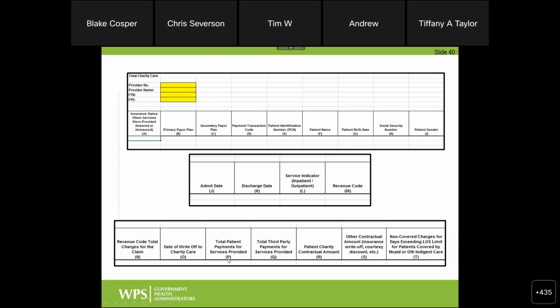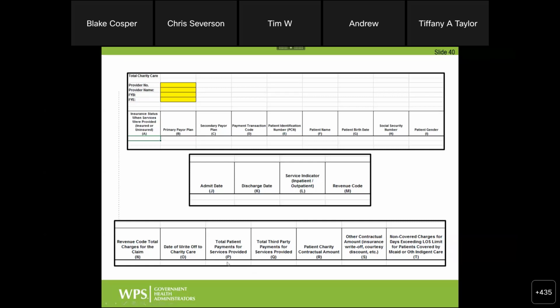So some of it might be total patient payments. Now, by the way, this is the entire patient payment. We're not talking about just the payment against charity care. We're saying if you had a bill of $10,000 in charges, how much did the patient pay? Because that means there's less that's uncompensated.